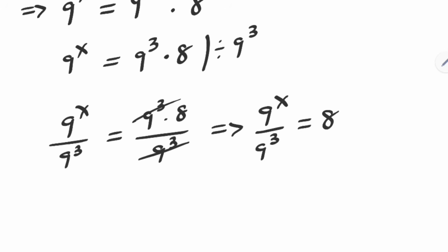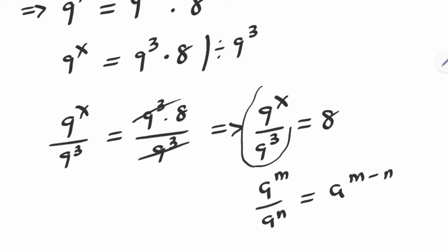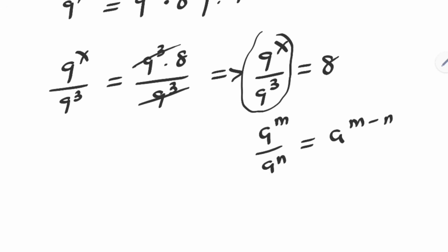Now, if you have a raised to power m divided by a raised to power n, this is equal to a raised to power m minus n. The whole of this is the same thing as 9 raised to power x minus 3 is equal to 8.